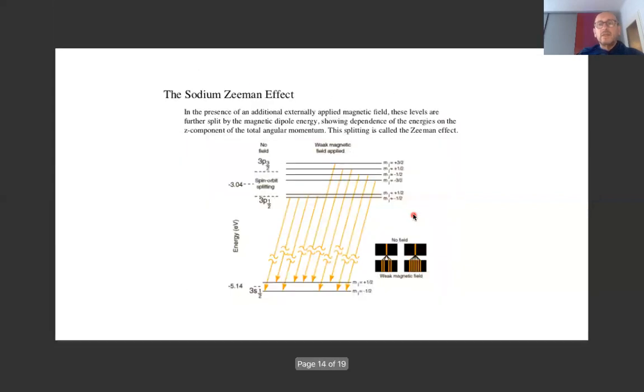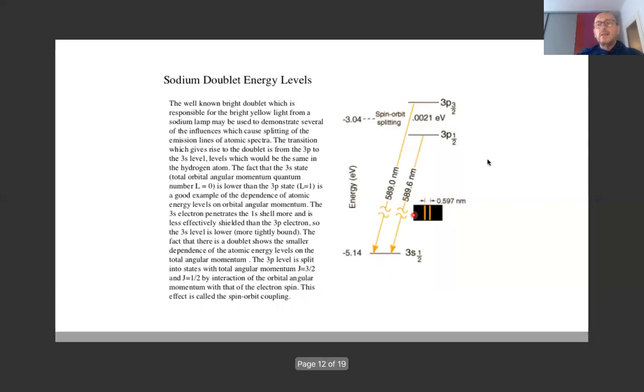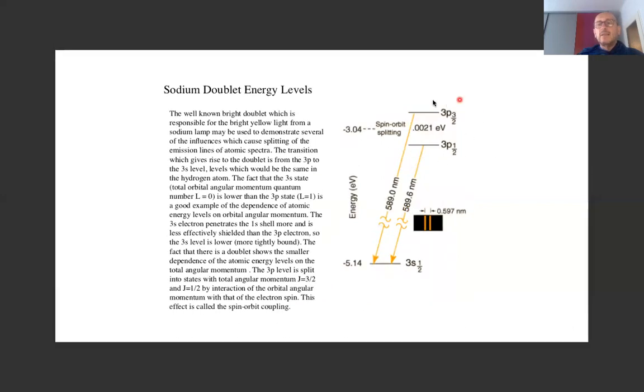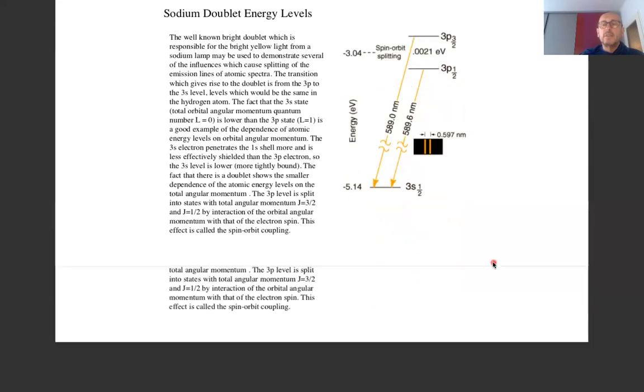So the key aspect here is the interaction between the orbital angular momentum and the intrinsic angular momentum or magnetic moment of the electron that produces this splitting in atoms, called the spin orbit splitting.